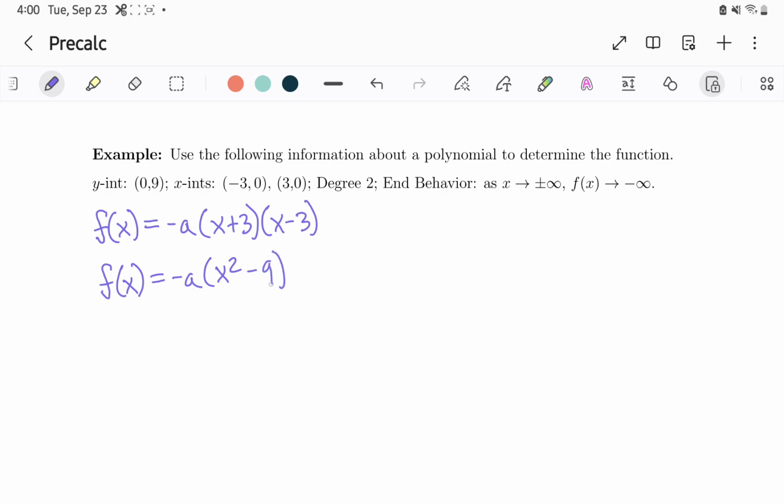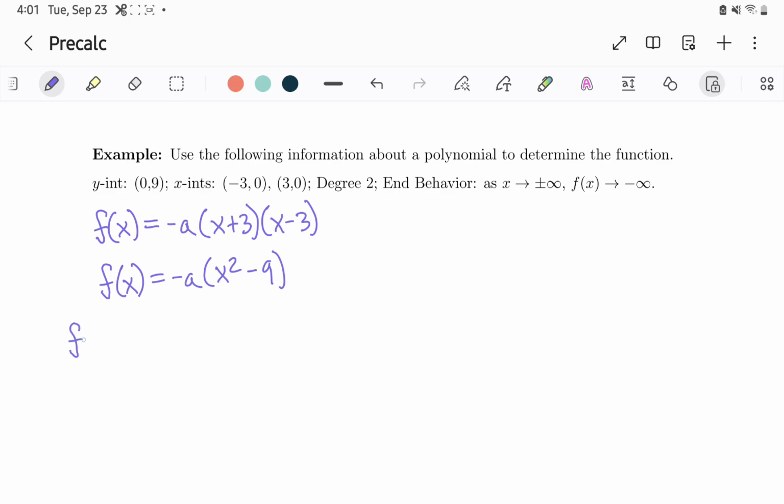So we end up with the difference of squares for the product because the factorization was a difference of squares factorization. And so when x is 0, we are going to have 0 squared, which is just going to be 0. So we are going to have 0 minus 9, or just minus 9 in the parentheses here, and then times minus a. So we're going to have minus times a minus, so that's going to be a positive 9 times a. And we need this value to be equal to 9, so a should be 1.